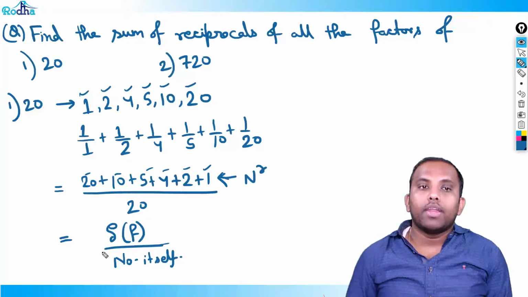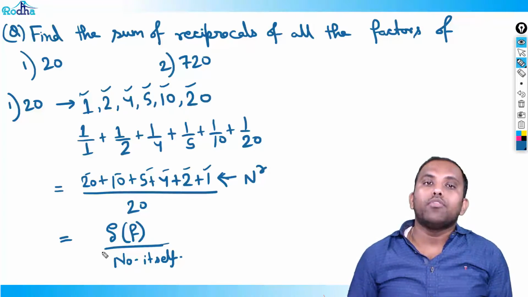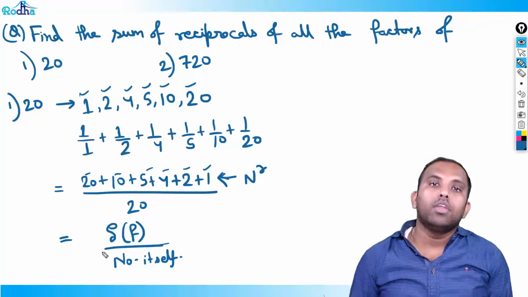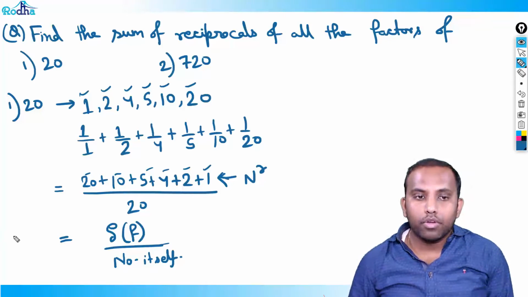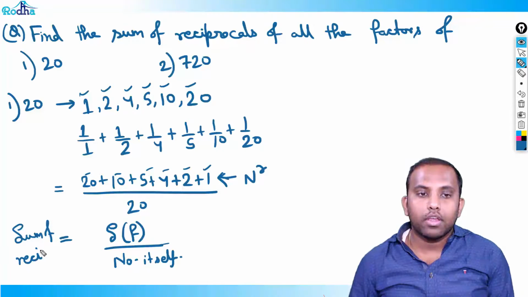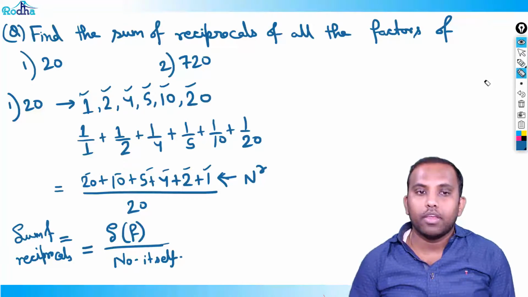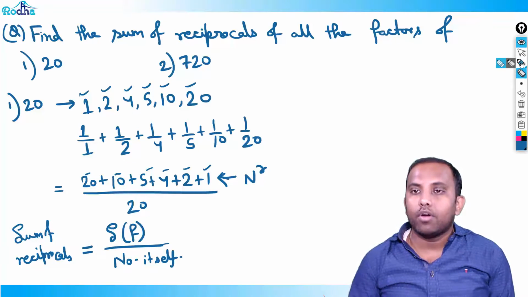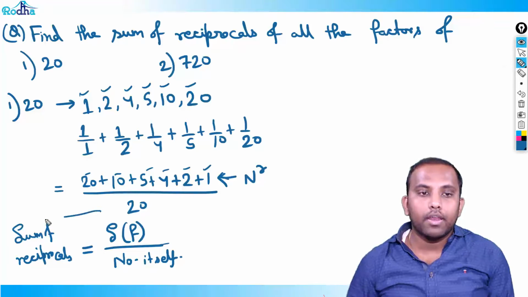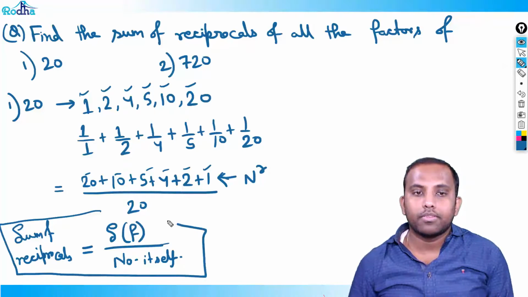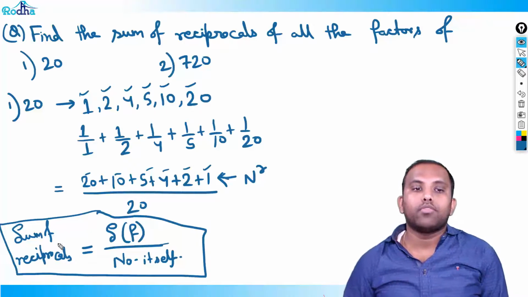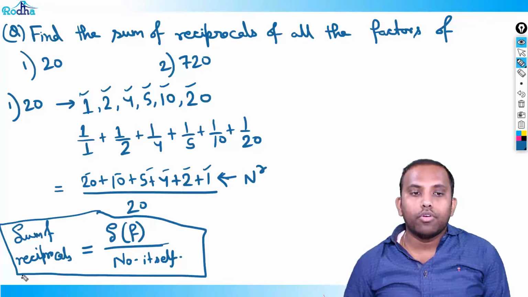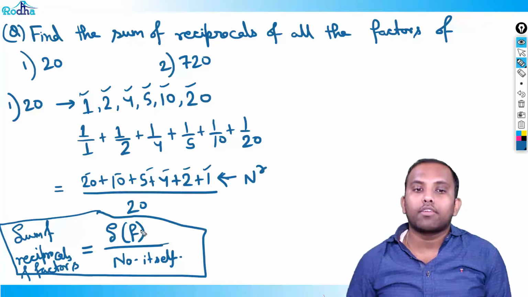So when I'm doing the sum of reciprocals of all the factors of a number, this is the second formula. It is equal to the sum of all the factors divided by the number itself. This is always true: the sum of all the reciprocals of the factors of a number is equal to the sum of the factors by the number itself.